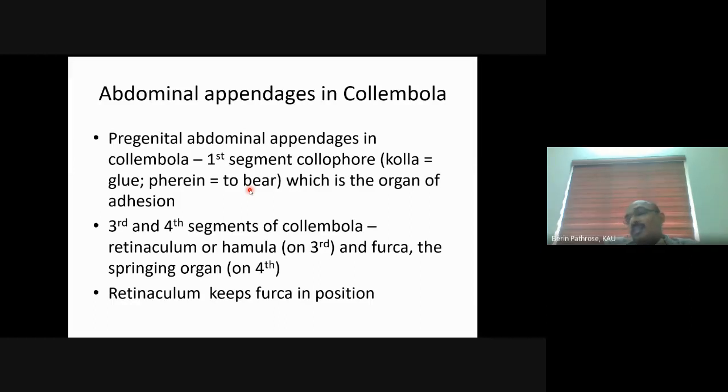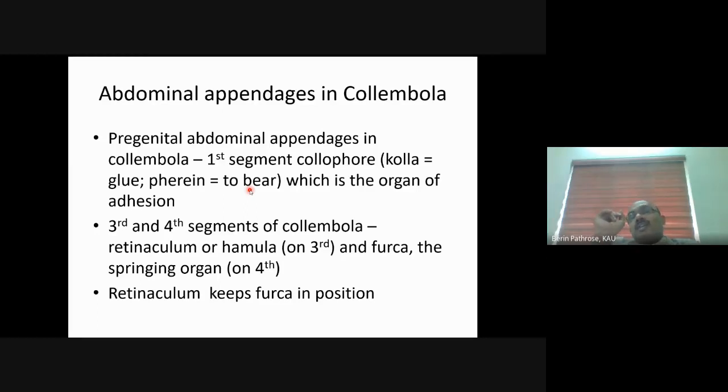So the first abdominal segment in Collembola has an appendage called the collophore. This is an appendage which helps the Collembolan attach itself to a substrate. It is a glue-bearing segment. So that is with respect to the first abdominal segment.